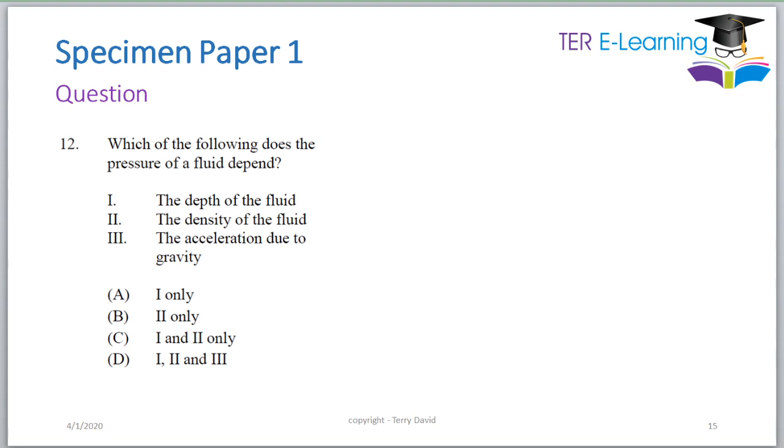Let's move on to number 12. On which of the following does the pressure of a fluid depend? Now, when we're talking about pressure in a fluid, there's a formula you all need to know, which is P is equal to rho g h.